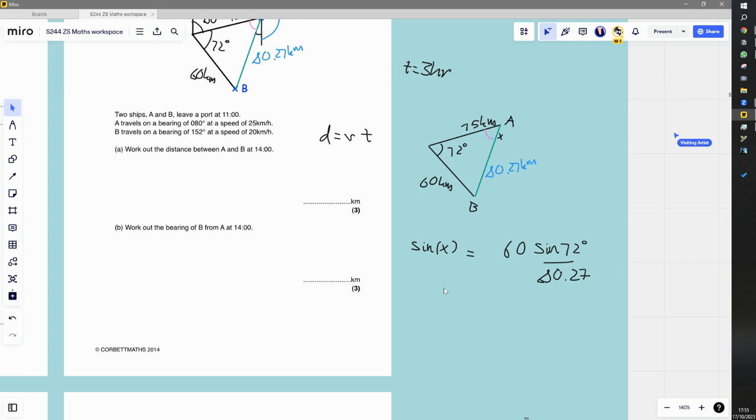I don't want to know sine of x, I want to know x. So x would be equal to the inverse sine of the right-hand side. So let's just put all that in square brackets.